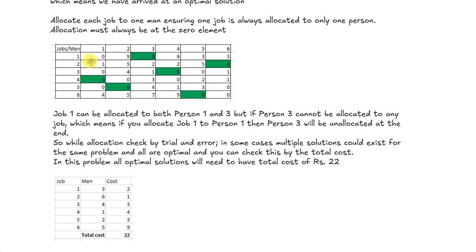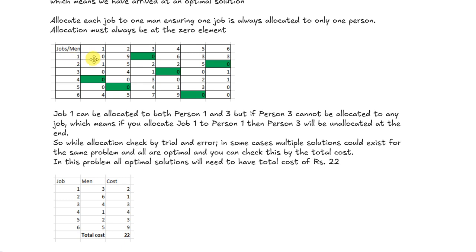Job 1 can be done by 2 people, but person 3 can only do one job optimally. He is not having a 0 in his column anywhere else. So to make an optimal allocation and ensure this person's optimization is also used, you can only allocate job 1 to person 3.